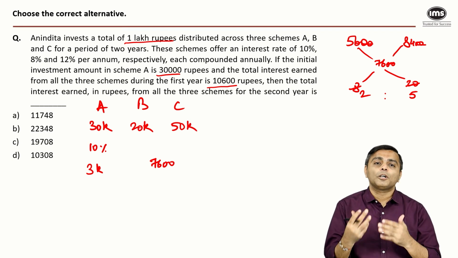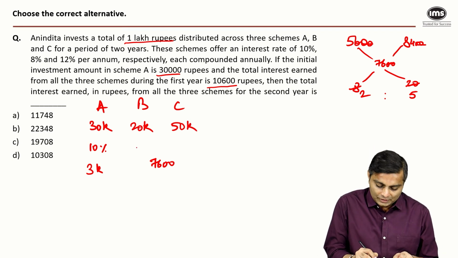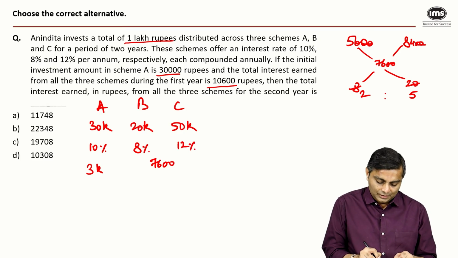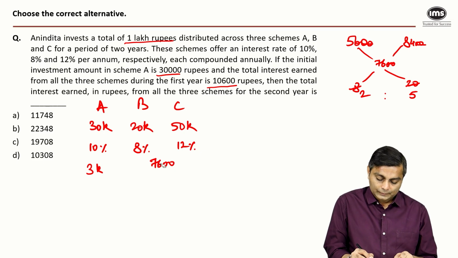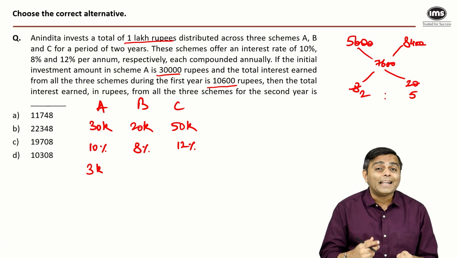Correct? That is the first thing that we need to figure out. Now, obviously, we know this is 8% and this is 12%. 7,600 we don't need here, I'm just going to clear it. We need to find the interest in the second year.